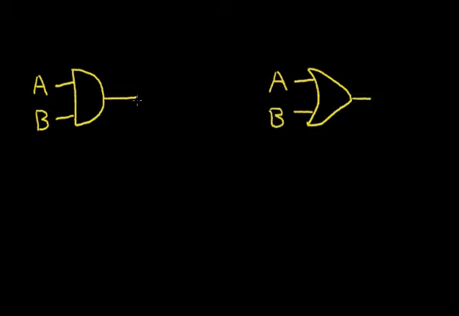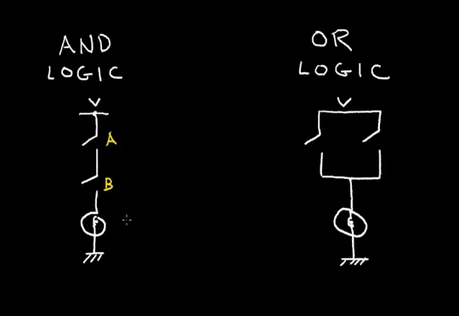So we can think of say a light bulb at this output tied to ground. So if the A input is at a logic 1 and the B input is at a logic 1, then only attached to the light bulb it'll light up.